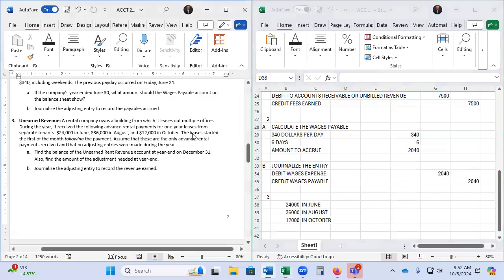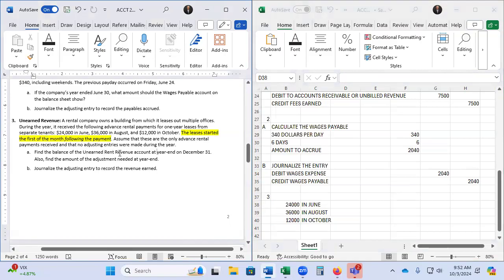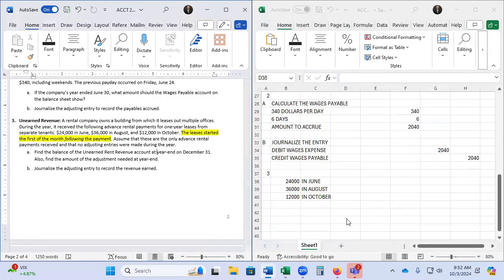It says the leases started the first of the month following the payment. Assume that these are only advanced rental payments and that no adjusting entries were made during the year. Find the balance of the unearned rent revenue account at year-end December 31st. Also find the amount of the adjustment needed at the year-end.